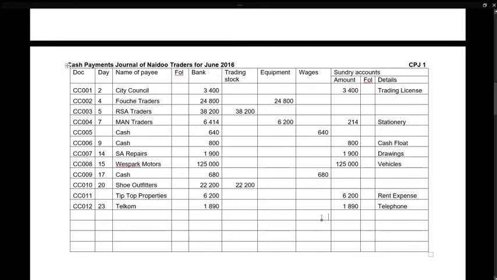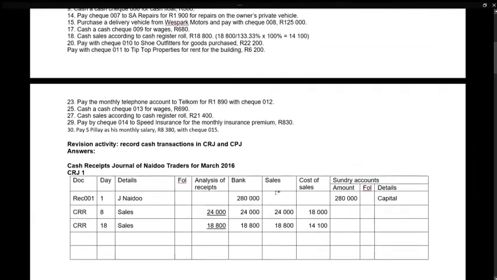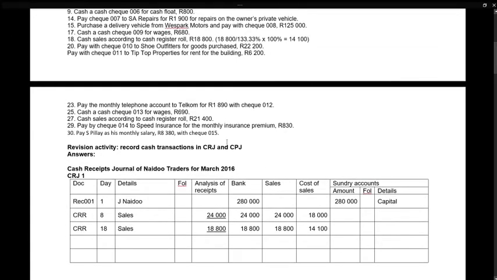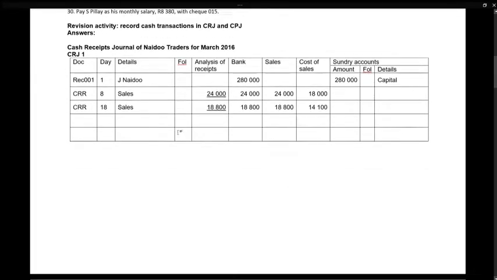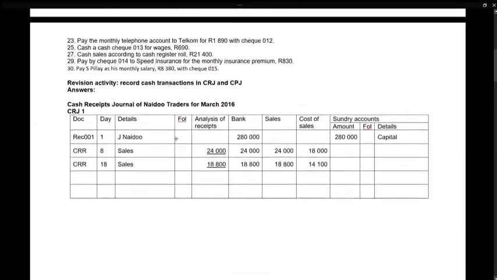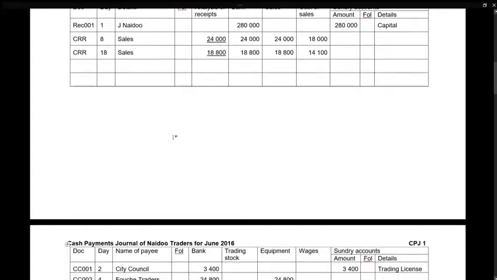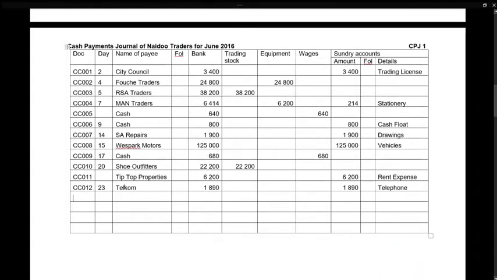Right, so telephone. Next transaction took place on the 25th. A cash check 013 for wages, and the amount was 690 Rand. So check counterfoil 013. This took place on the 25th. Details will be cash.